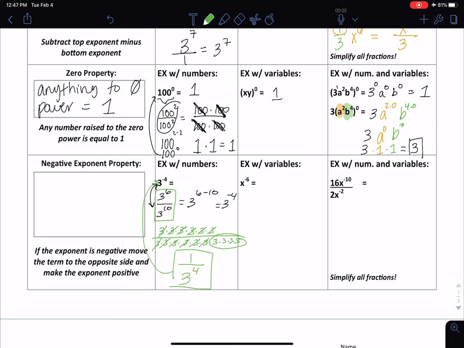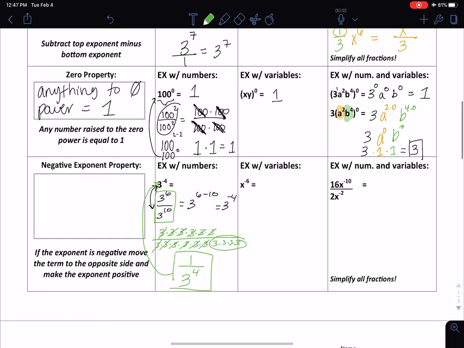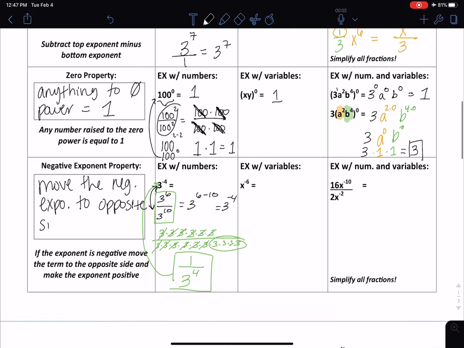Okay, so our negative property is move the negative exponent to the opposite side it's on.